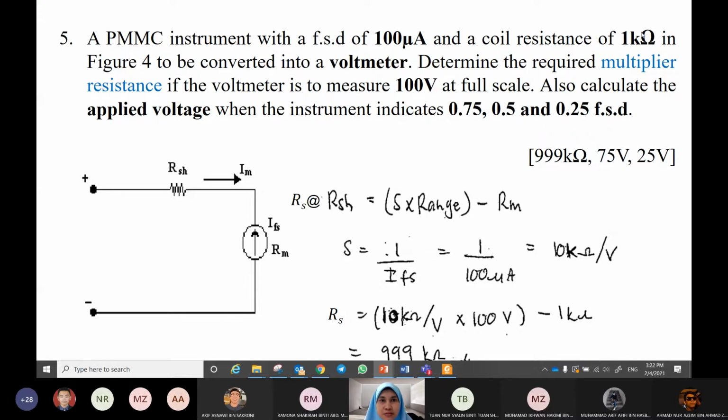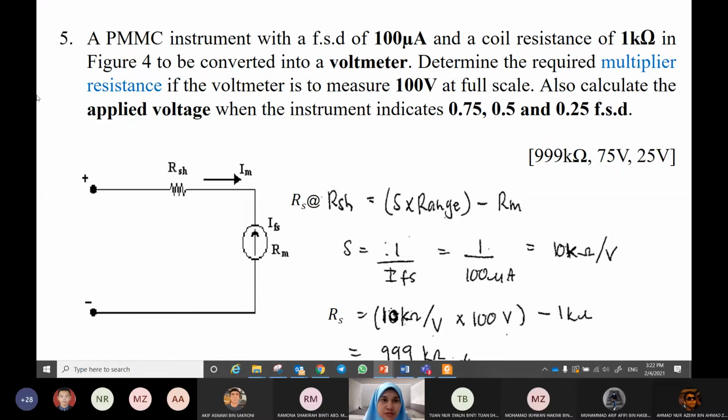This is RM. In figure 4, it is to be converted into a voltmeter. So PMMC with this characteristic, 100 microamp and RM 1K, will be converted into a voltmeter.